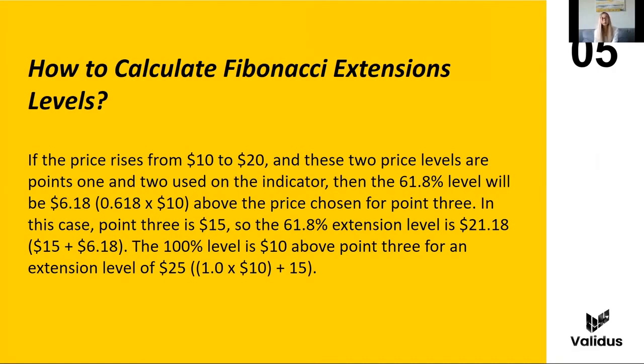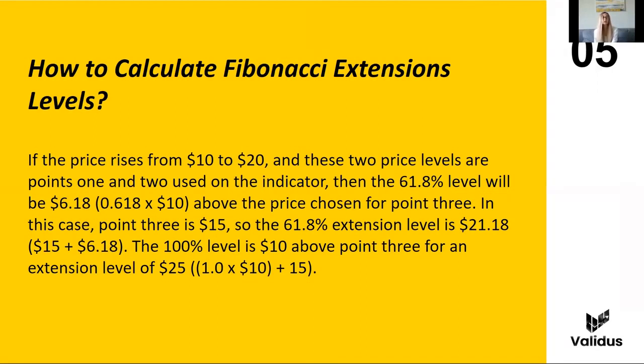So the 61.8% extension level will be $21.18. You add $15 to 6.18, or the reverse. You add 6.18 to $15, which is point 3.